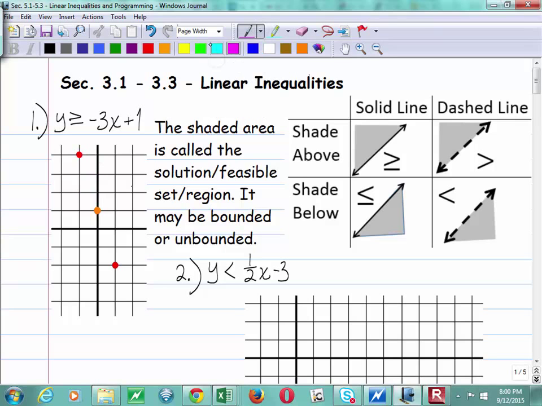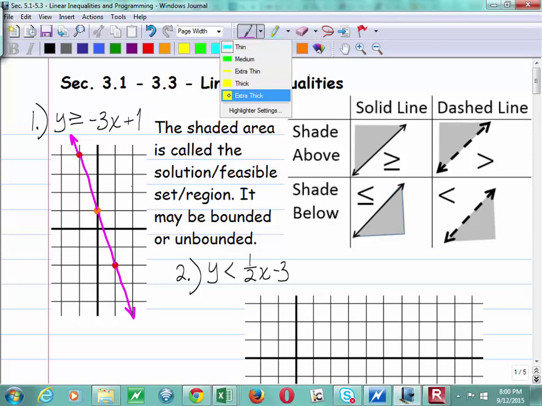Since it is or equal to, I'm going to use a solid line, and since it's greater than, I'm going to shade above the line.